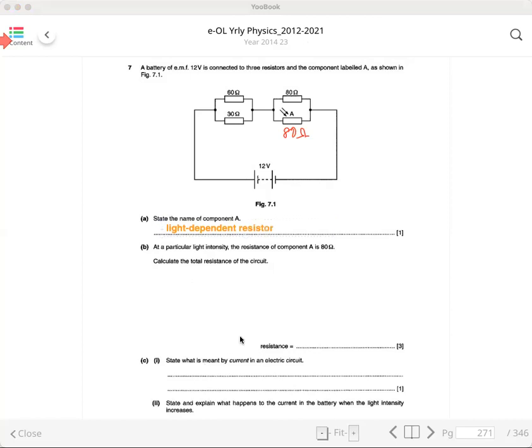Okay, the first answer is light dependent resistor. Okay, Hao Rui, can you do part B onto the screen? Thank you.